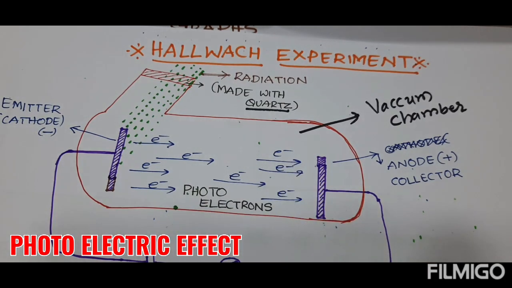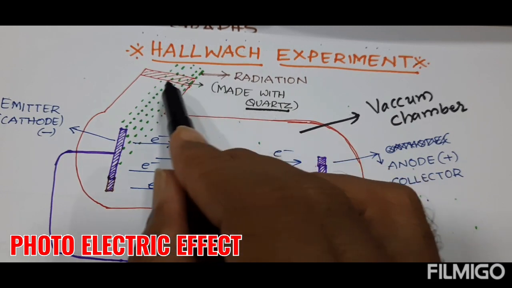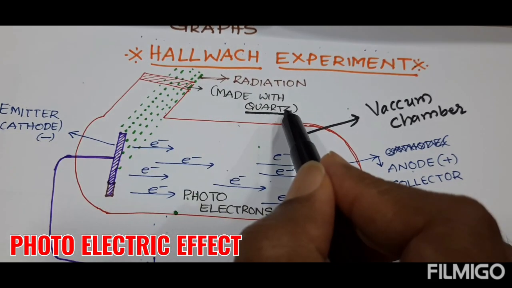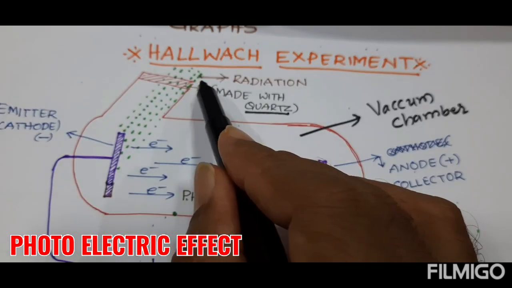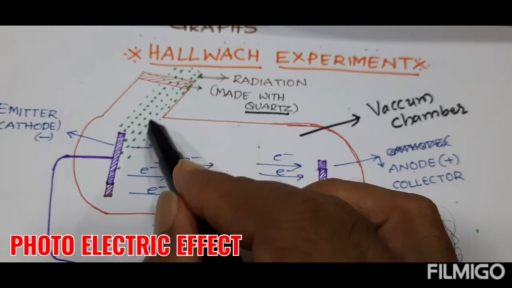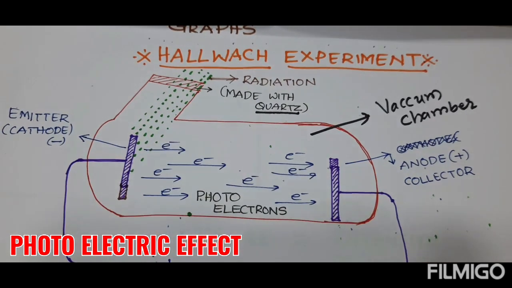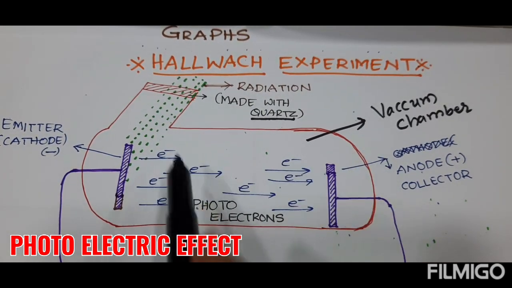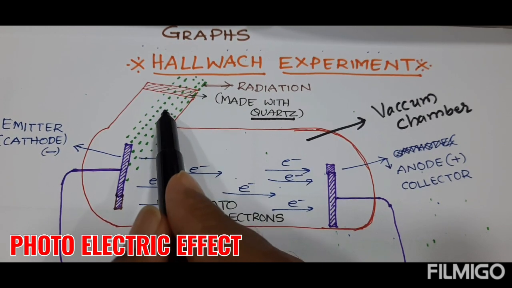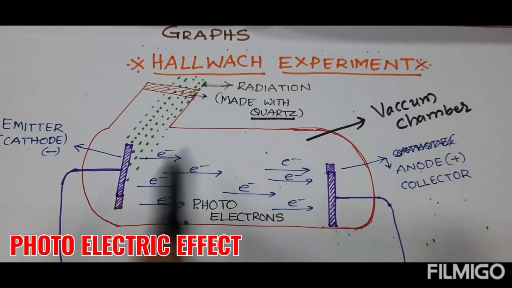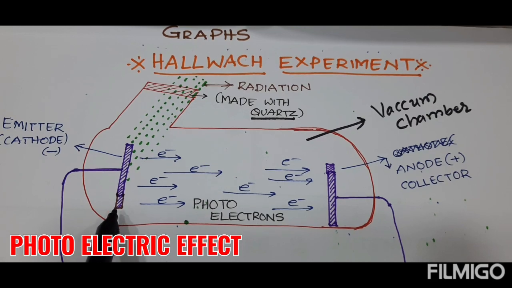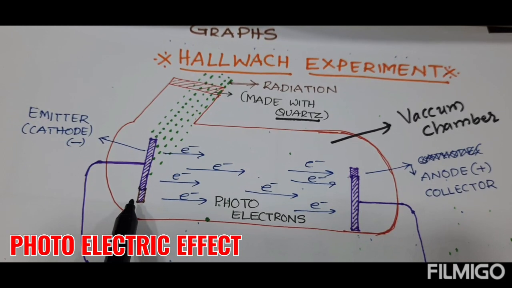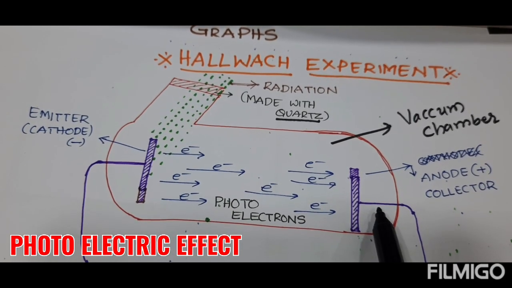The result is not calculated properly and accurately. To avoid that, we made that window with quartz. Quartz is unable to absorb the energy of the falling radiation, right? In this experiment, before allowing the radiation into the vacuum chamber, first observe the construction. This is the cathode and this is the anode.